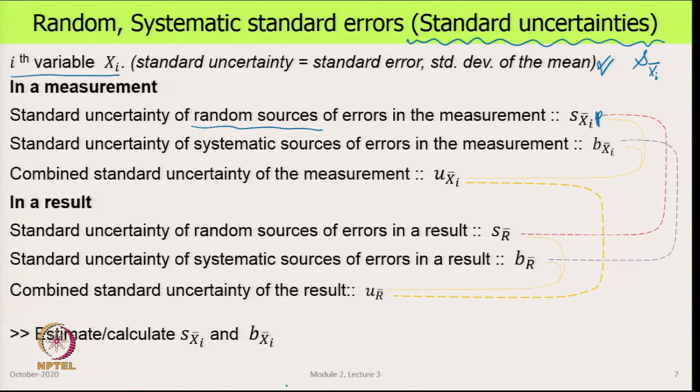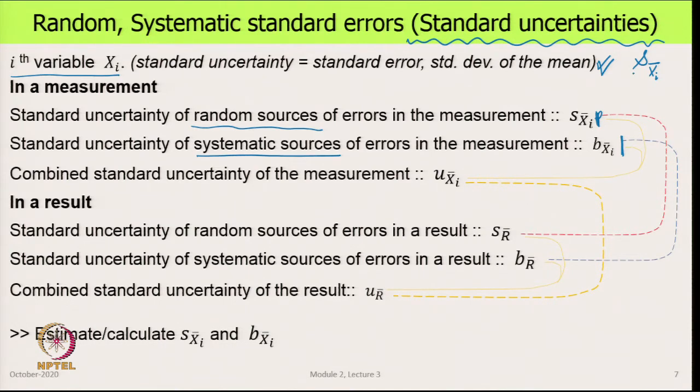Similarly, all sources of systematic errors when put together, their standard errors put together, give us the standard uncertainty due to systematic errors, or the systematic standard uncertainty, that is what we will call it. And here we use a different symbol.